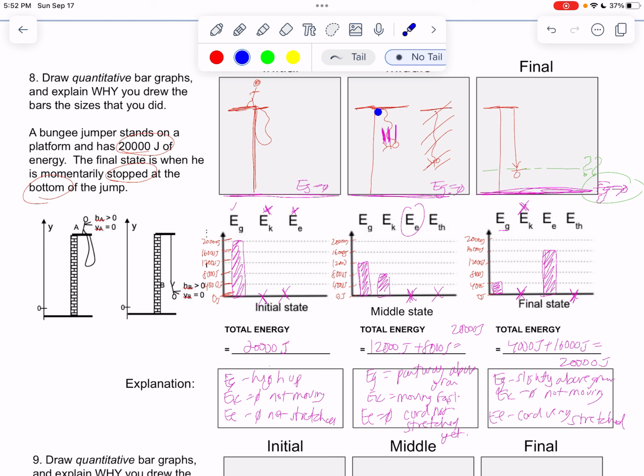Here, the cord still looks pretty slack. No EE, and I've explained it down here. That cord looks stretched, which means a lot of EE, so that's good, and I've set it down here. I got 20,000, 12 plus 8 is 20,000, 4 plus 16 is 20,000. Great. This one looks good.